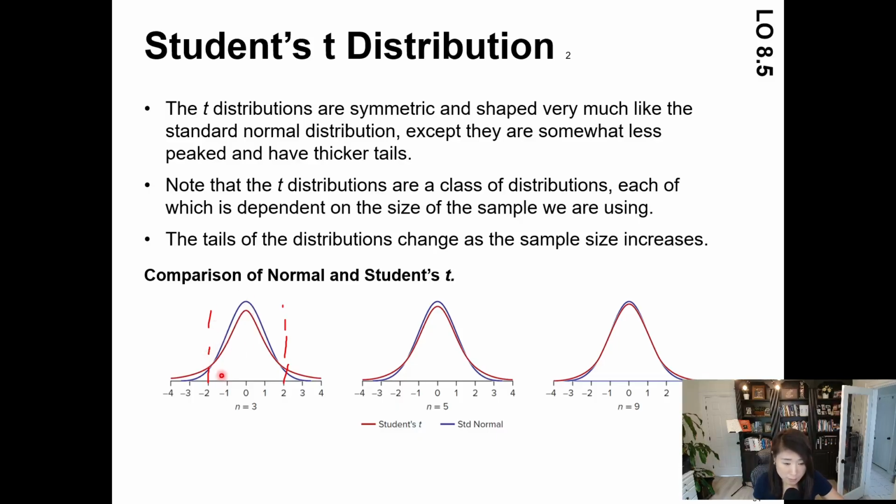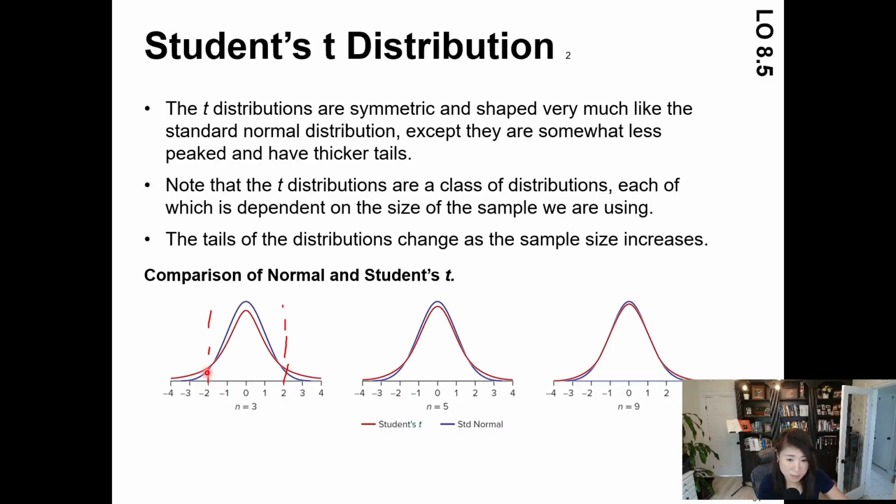Instead of the standard normal, which has less variability in the tail, we use the Student t distribution, which includes more variation in the tail. It reflects the fact that since we don't know the population standard deviation, we have to use an estimated value, and that estimated value carries some error. Therefore, our estimate is no longer as accurate.